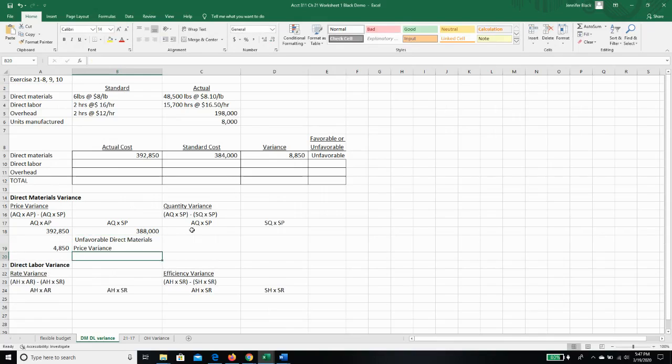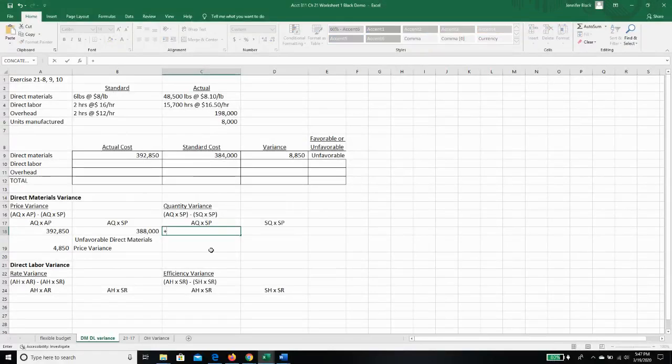Our quantity variance is actual quantity times standard price minus standard quantity times standard price. Our actual quantity is 48,500 times our standard price of $8 per pound. Our standard quantity is 8,000 units times 6 pounds per unit, times $8 per pound, which is $384,000.